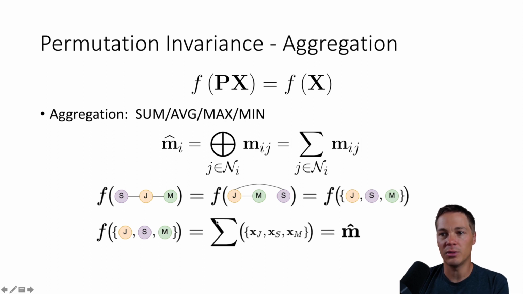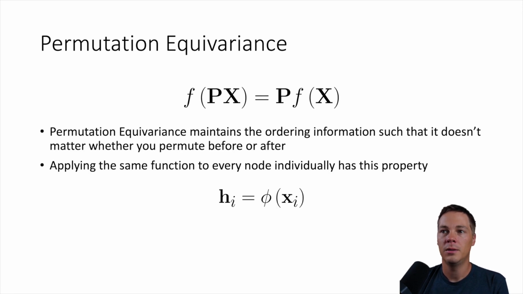And one such example would be the sum. That's one type of aggregation function, so we could sum up the features from James, Sally, and Mary, and regardless of the order that we fed it into this sum, we would get the same answer, represented here by this m hat. In other words, we're able to achieve permutation invariance by aggregation.